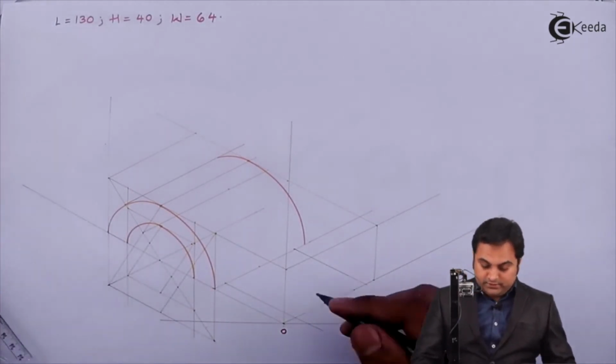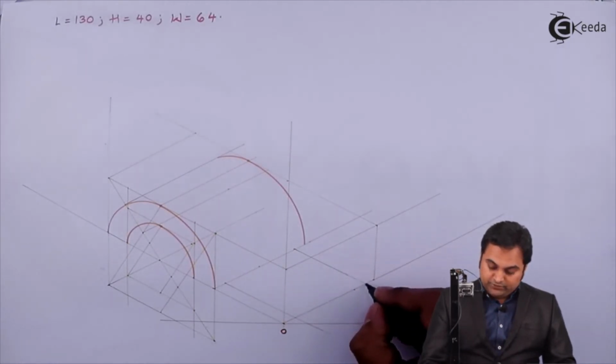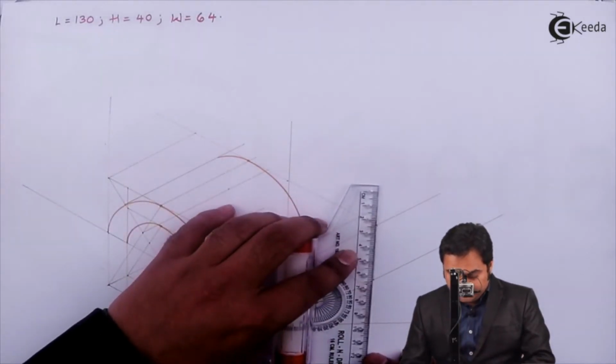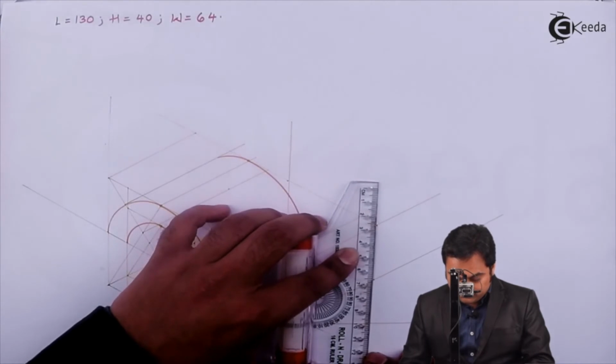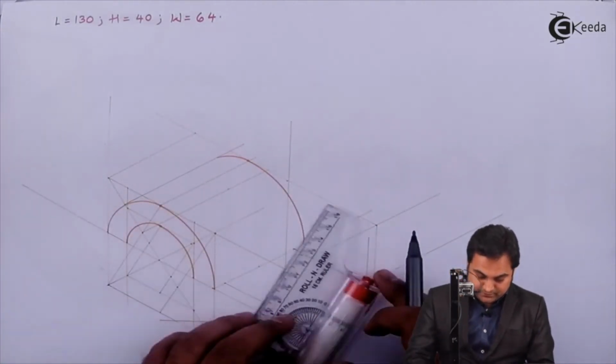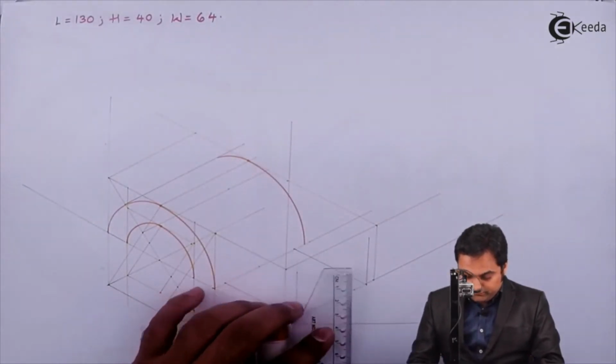Now since the semicircular disc is having a height of 15, so from these 2 points I would be drawing light vertical lines, having a height of 15 mm.